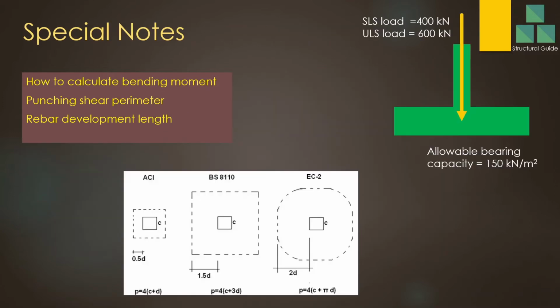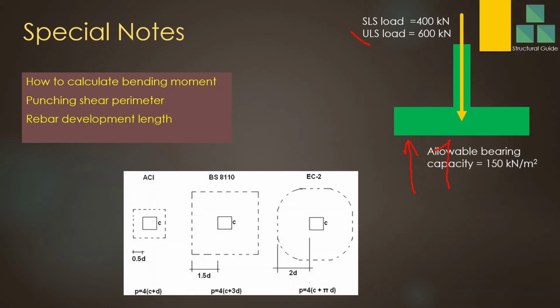What are the special notes on designing of the footing? How to calculate the bending moment of the footing? Now you can see here the allowable bearing capacity is there in your calculation. If you know the allowable bearing capacity, you can calculate the ultimate pressure. Now you know the ultimate load here, and we have calculated the dimensions. With that, we can calculate the ultimate pressure applied by the footing. Now, if we know the ultimate pressure, we have to calculate the bending moment.